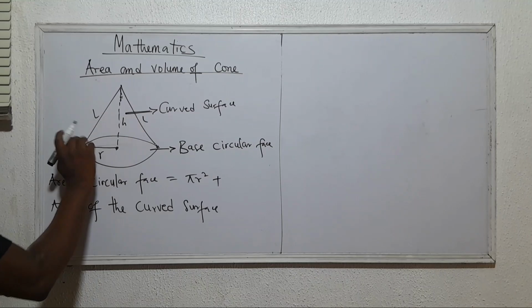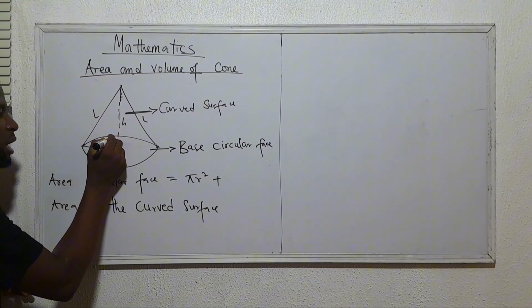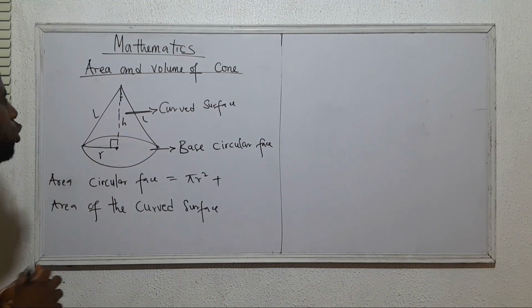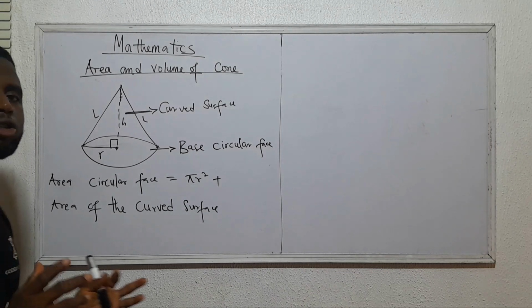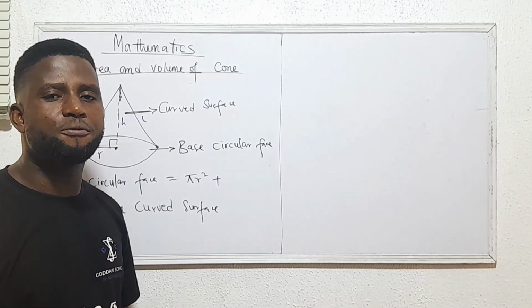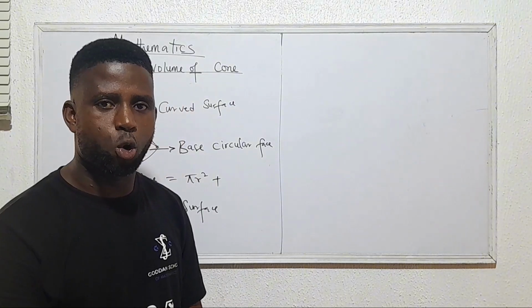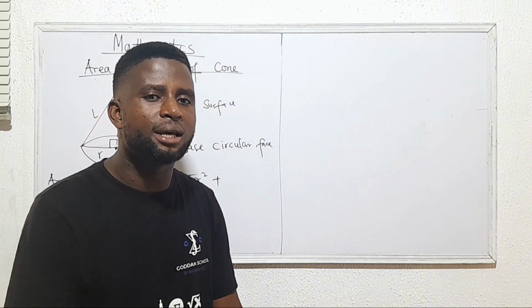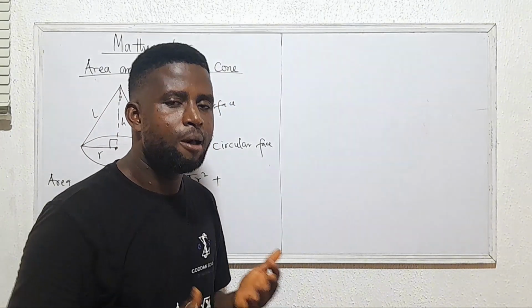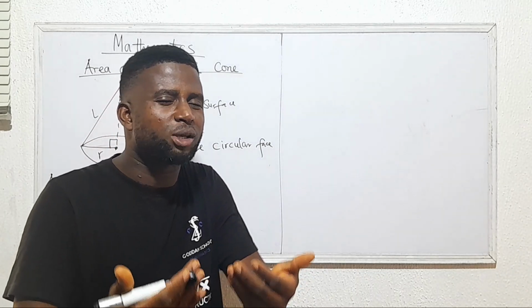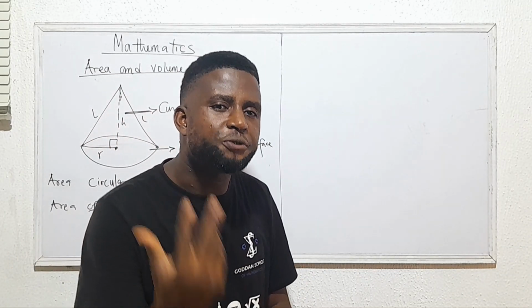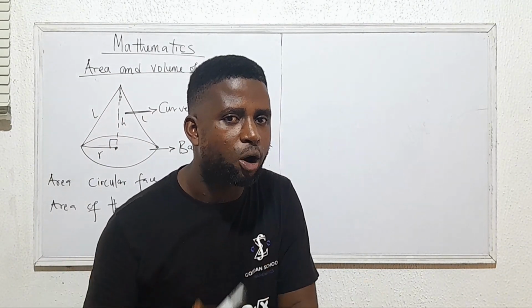Now, if you look at this shape, we already formed a right-angled triangle. Because sometimes you might be given the height of the cone and the radius of the cone, but you are not given the slant height of the cone. Now, it becomes your responsibility to first find the slant height of the cone.